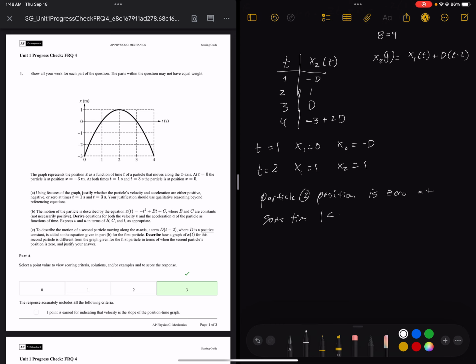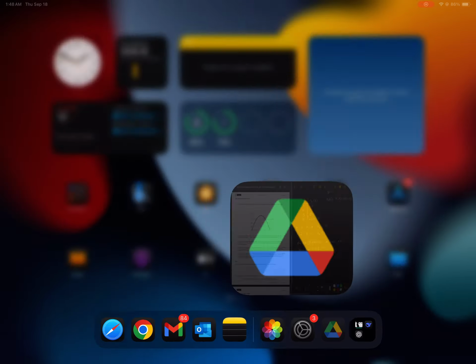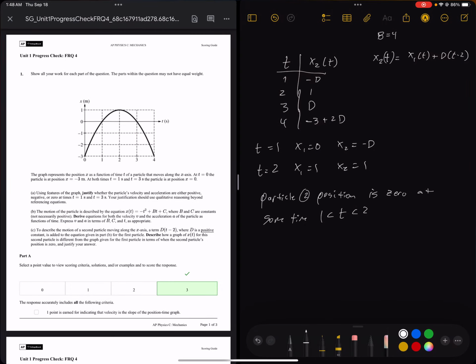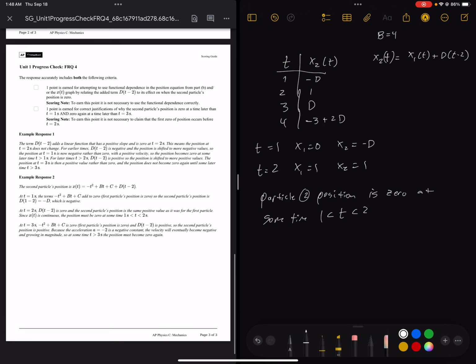So at some time greater than 1 and less than 2, right? Because I know that at time t equals 2, the position is equal to 1, and at time t equals 1, the position is equal to negative d, all right? And I believe that's all they're looking for, if I scroll down.